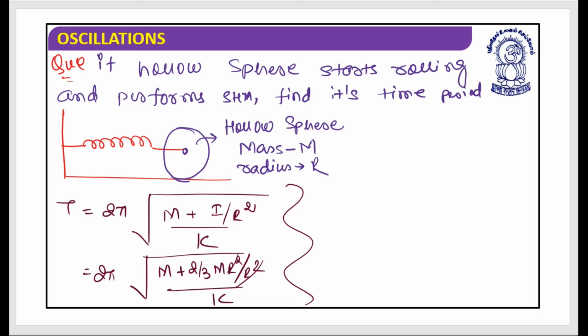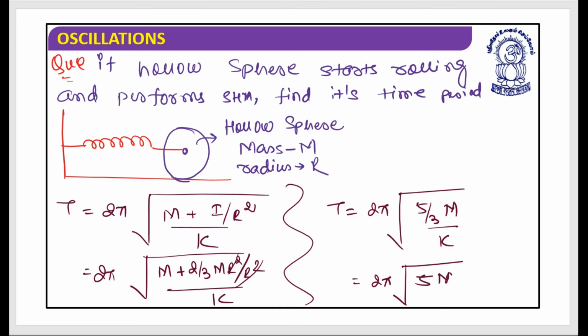So r squared has gone, and this is m plus 2 by 3 m, which is simply 2 by 3 plus 1, 5 by 3 m, divided by k. So this equals 2 pi root of 5m by 3k.